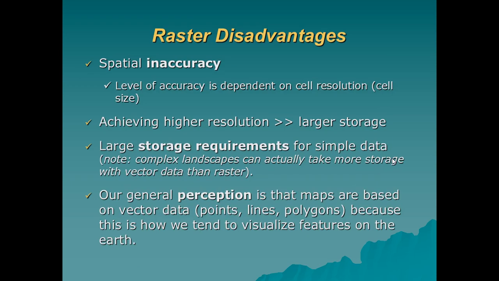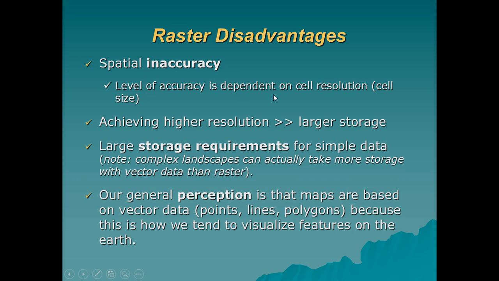Alright, so we looked at some advantages of raster data already, but there are also disadvantages. What are some of those disadvantages? Spatial inaccuracy. Remember, we looked at that already. Spatial inaccuracy in terms of size and shape and even location of the feature. They are not accurately represented.